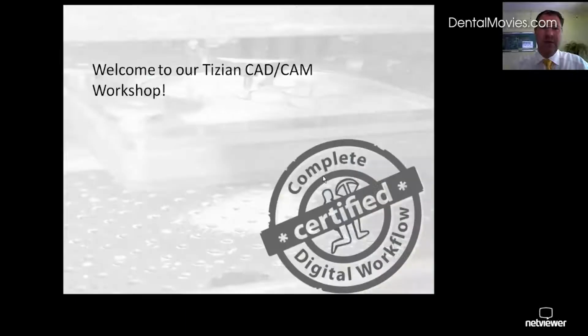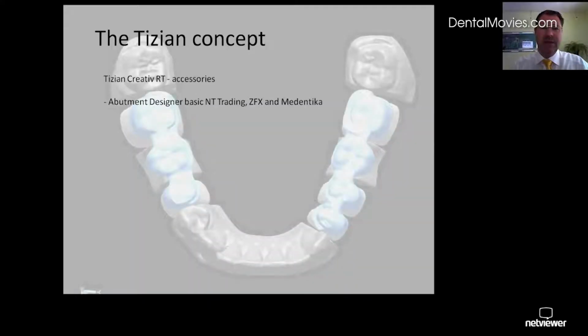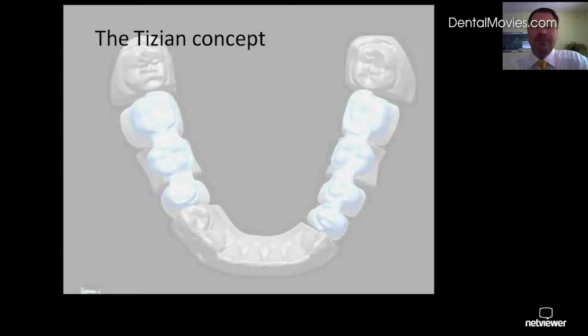We are in the complete Tizian workflow, and actually our new module for the Tizian Creative software is called Abutment Designer. This is a tool where, depending on your milling machine, you are able to mill your own custom-made abutments from zirconium on top of an implant.